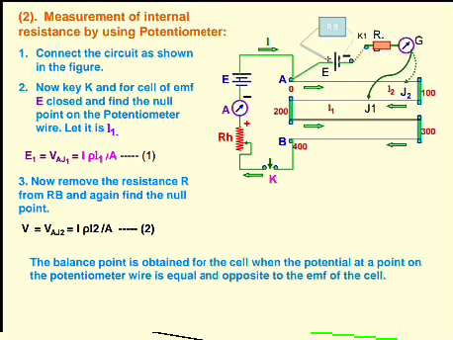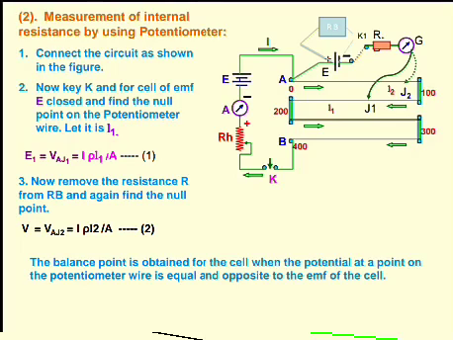Let L1 be the balancing length for this cell. Then, according to the principle of the potentiometer, E is equal to I rho L1 upon A. Now place the key K1 and remove the resistance R from the resistance box by 1, 2 or 3 ohm, and find the null point for the resistance.